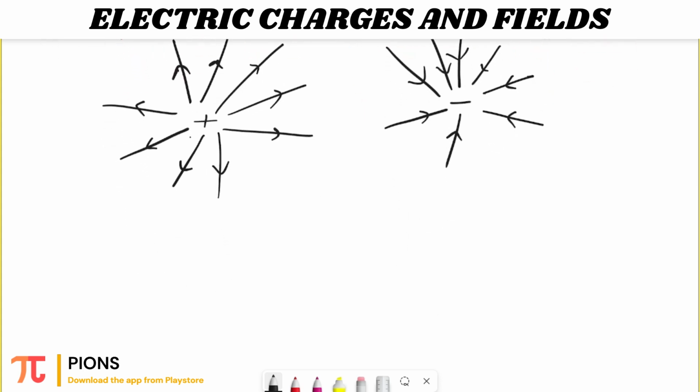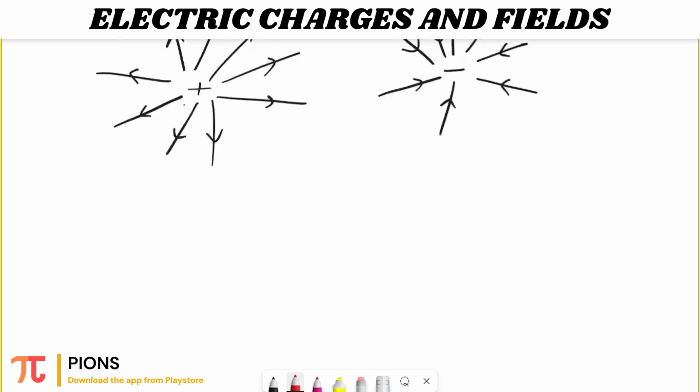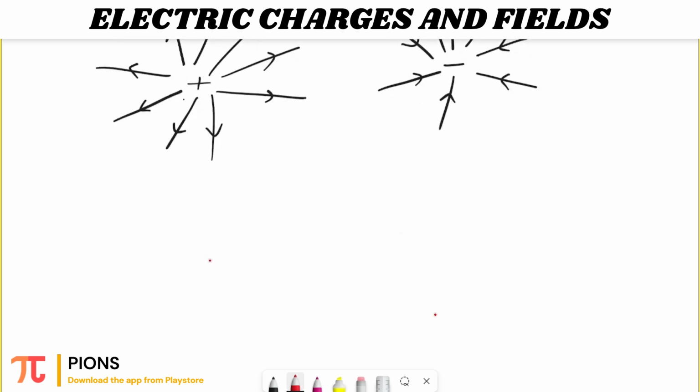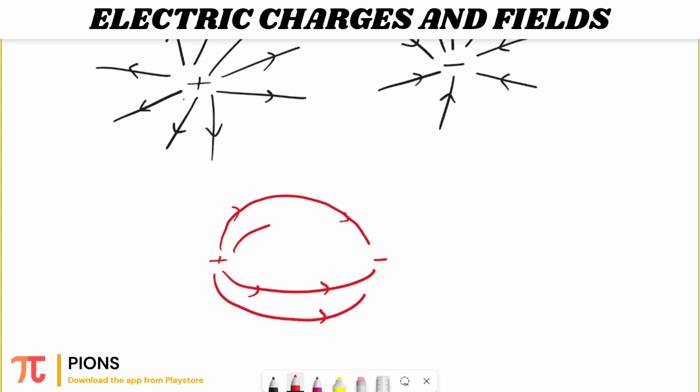But if there is a positive and a negative charge, we call such a system a dipole. We will talk about electric dipole after a few minutes. If there is a positive and a negative charge, the field lines will go from positive to negative. They are going like this, away from this, and here they are coming inside towards the negative charge.